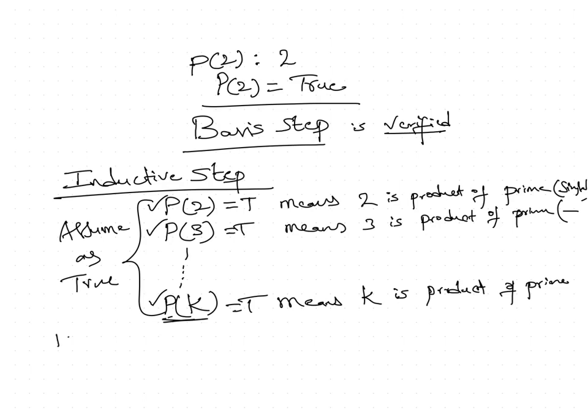I need to verify the proposition P of k plus 1 as true or not. If P of k plus 1 is verified as true, then the inductive step gets verified, right? Okay, now we'll enter into the process of verifying P of k plus 1 as true.